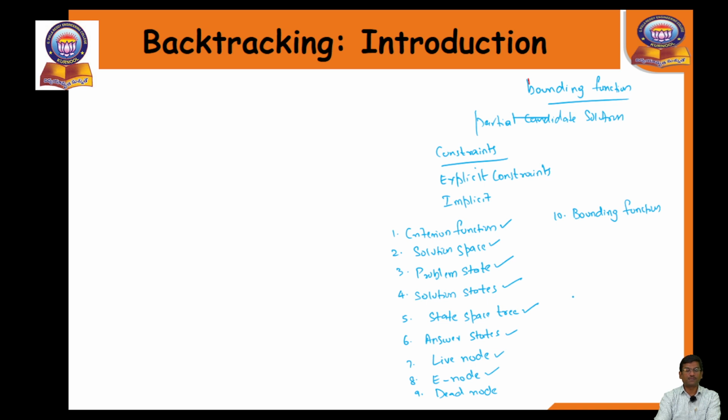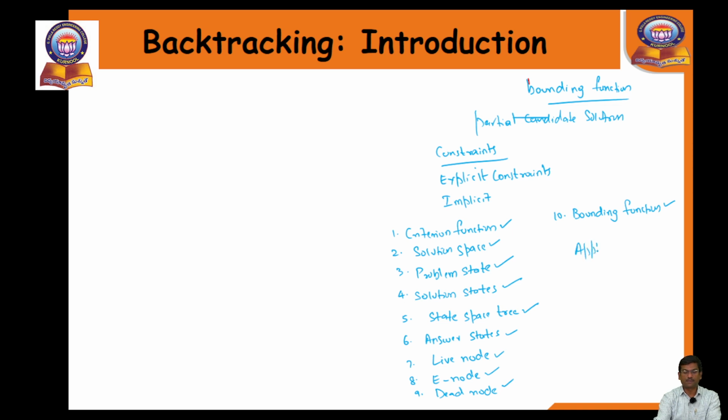The dead nodes are generated nodes that are either not to be expanded further or those for which all of their children have been generated. The bounding function will be used to kill the live nodes without generating all their children.